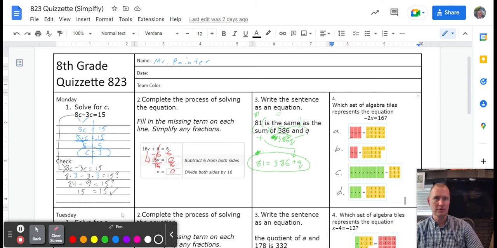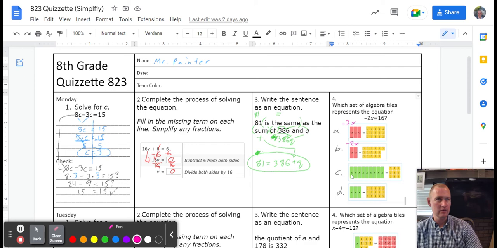All right, let's take a look at a couple things. Let's see, let's go with gorgeous pink. If we have a negative 2x, let's take a look at the right side. If you take a look at A, we have negative 1, 2, 3. To me, this looks like negative 3x right there. B, we have 1, 2, negative 2x there.